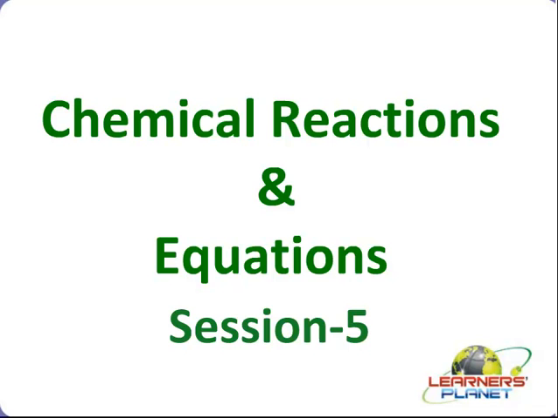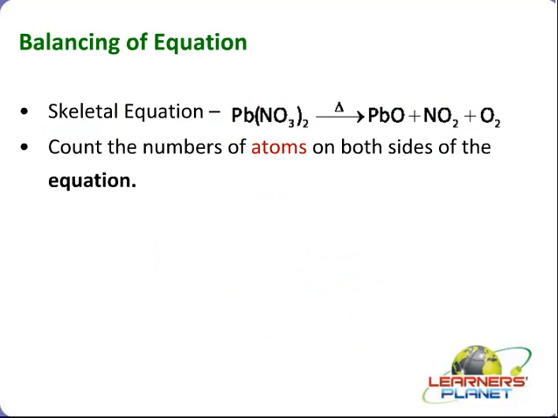Now I'll move to my next slide. Here I am giving you the skeletal equation, that is the equation in which all the formulas and symbols are kept for giving it the form of a chemical equation. Now students, you see lead nitrate.